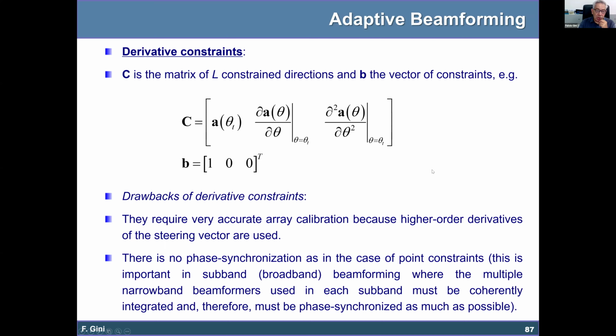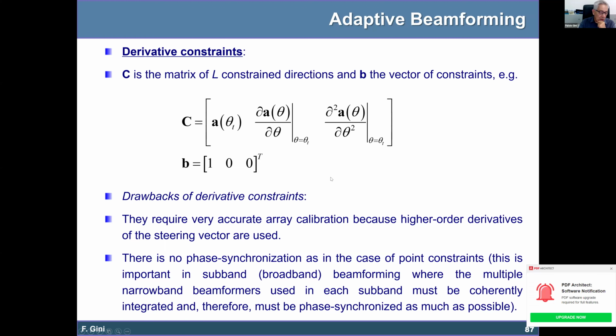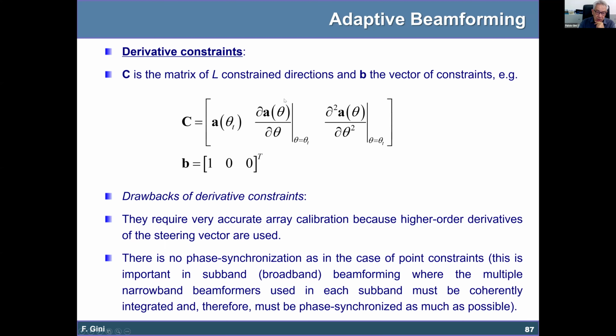And in order to achieve this, in addition to point constraints, we may decide to impose also derivative constraints. So we impose, for example, that the first order derivative and the second order derivative around the peak are 0.